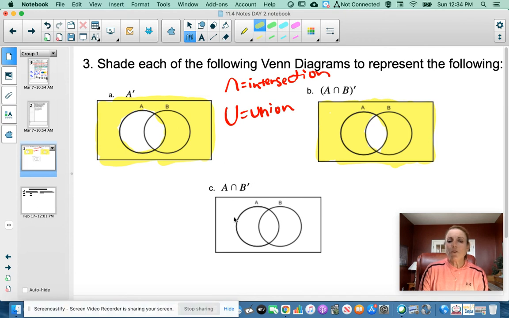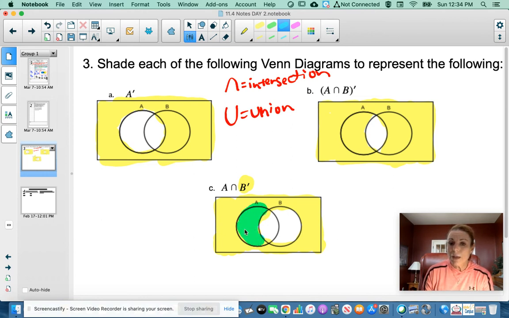So let's first do this. Let's highlight where B prime is. Well, B prime is everything out here and out here. B prime is everything that is not in B. So if I want to now figure out what's the intersection of A and all of this yellow stuff, well, that would have to be right in here.